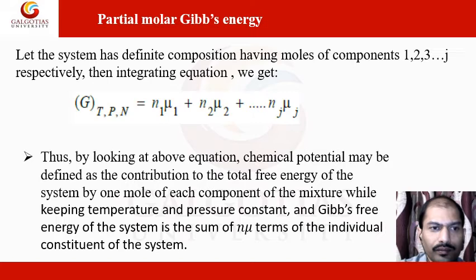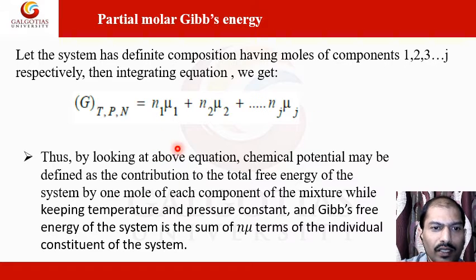So in case of partial molar Gibbs free energy, let's suppose the system has a definite composition having components 1, 2, 3 up to j, as we already mentioned earlier. Then integrating the equation, we can write G at T,P,n, where T, P have their usual meanings of temperature and pressure and n is the total moles, equal to n1 mu1 plus n2 mu2 up to nj mu-j.